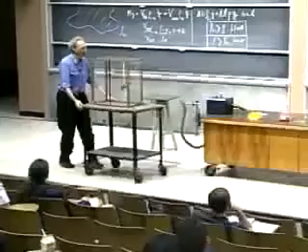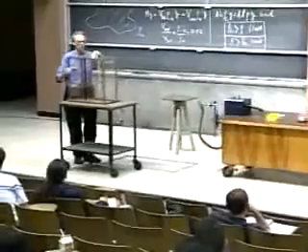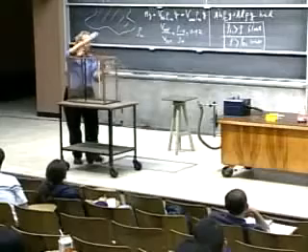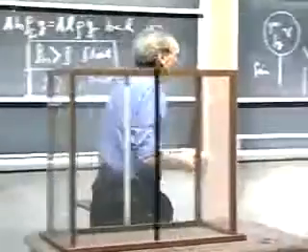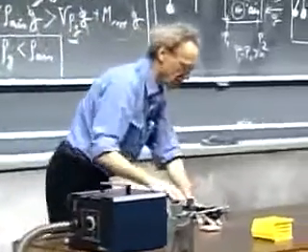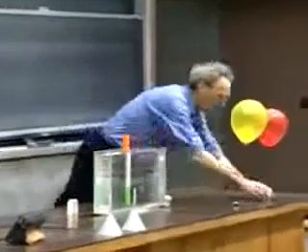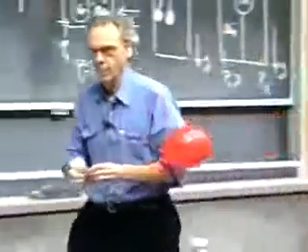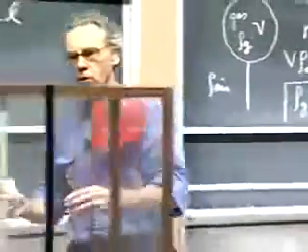Okay. Now we're going to do it with a balloon. I'm going to take this one off. And now let's take one of our beautiful balloons. So we're going to put a balloon in here.